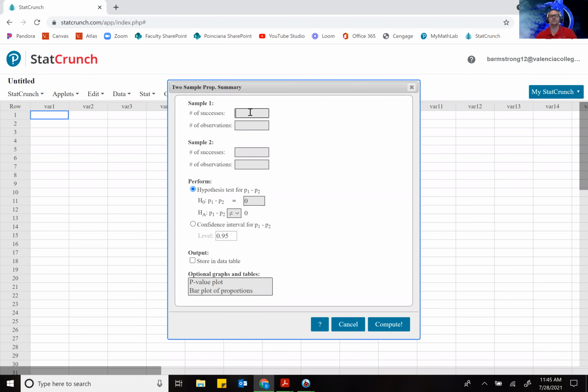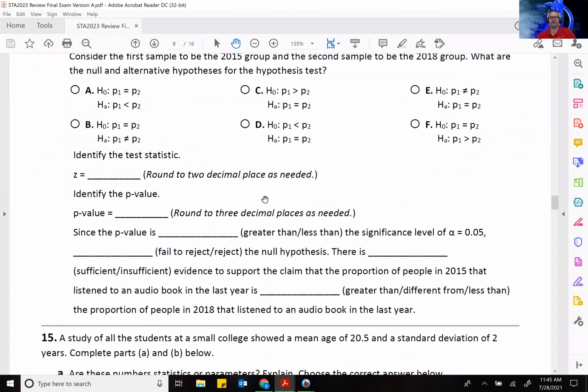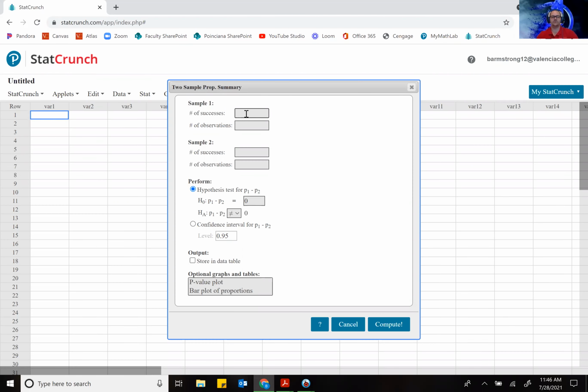So in here, our number of successes. Well, let's go back and just make sure that we get this information. How many successes? 230. Okay. Out of how many? 1889. Perfect.